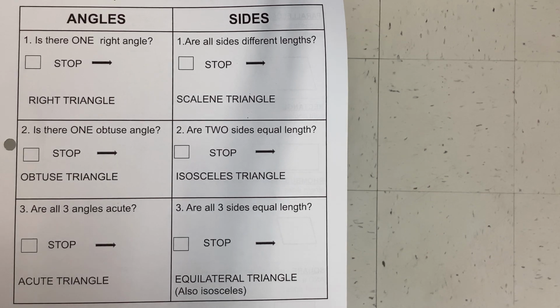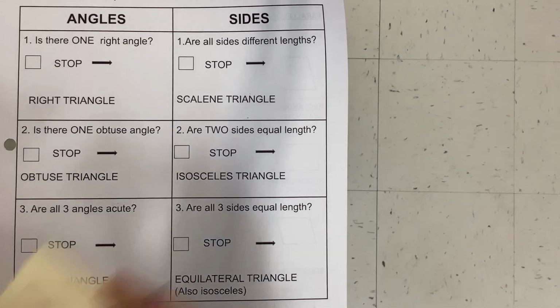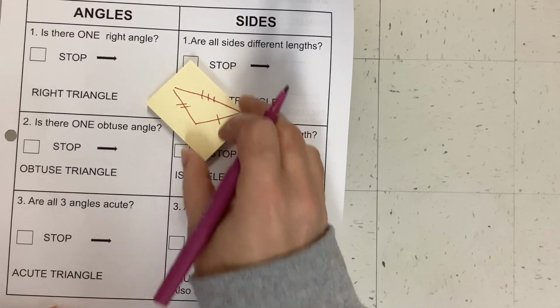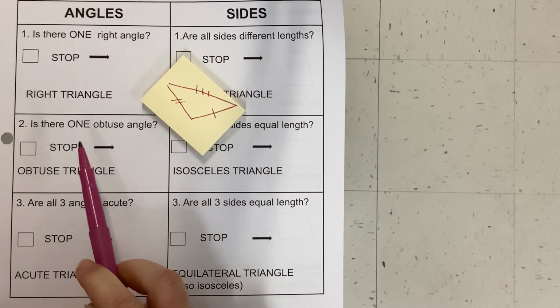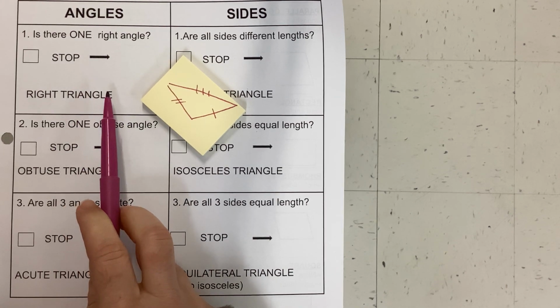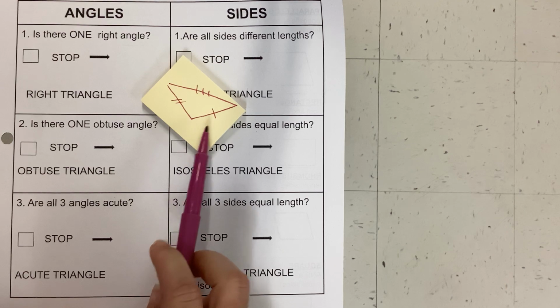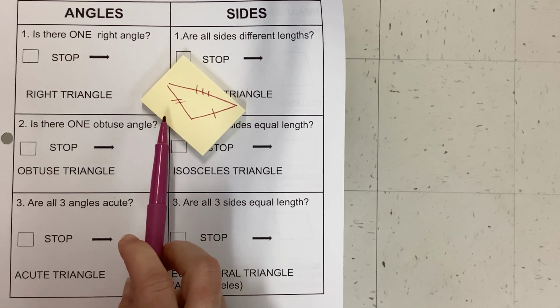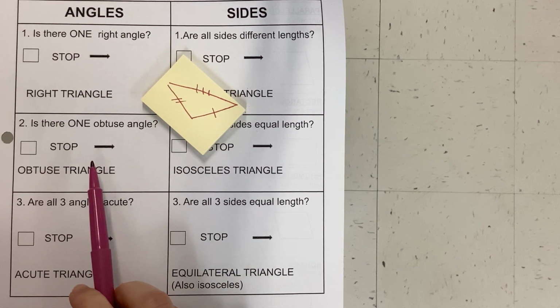Give you one more example. Let's say you have a triangle that looks like this. Looking at it from the angles side, are there any right angles? No, it doesn't look like there are any right angles that are indicated here. Is there one obtuse angle?